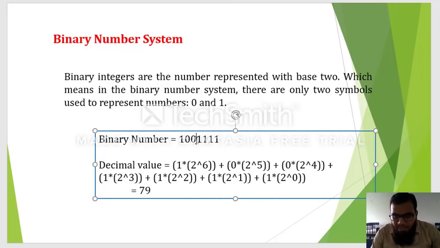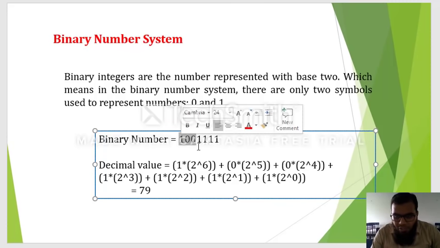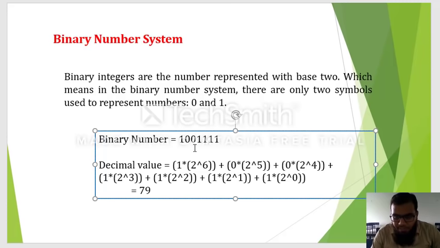Then this number has more than this 4 digit representation, so this place becomes 16, this place becomes 32, and this place becomes 64.